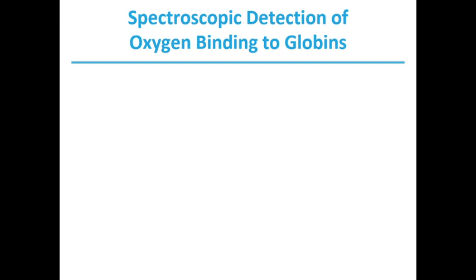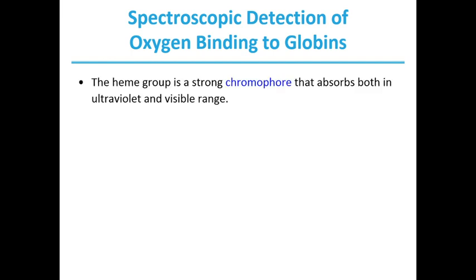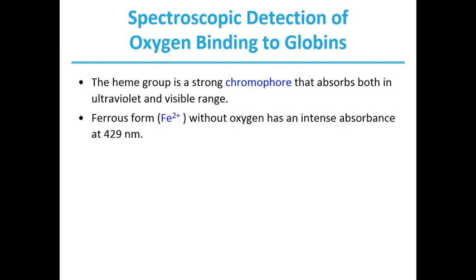Let us consider some spectroscopic properties of oxygen binding to globins. And this is useful when it comes to detection of oxygen binding to globins. The heme group is a strong chromophore that absorbs both in the ultraviolet and visible range.